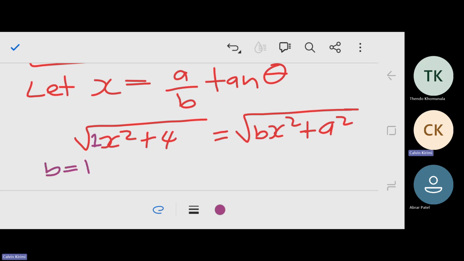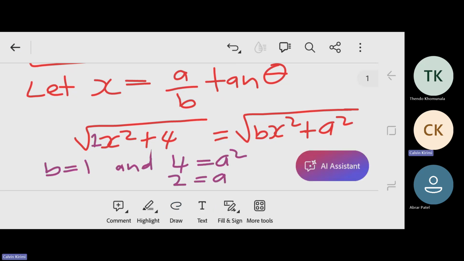Then also, 4 is equal to a squared, which means a is equal to the square root of 4, which is 2. So now we have found our values.